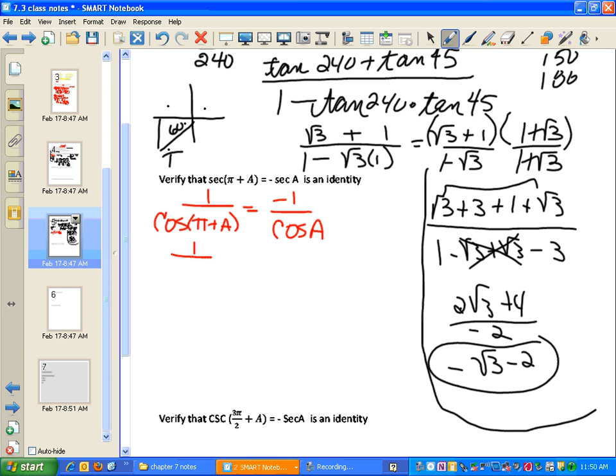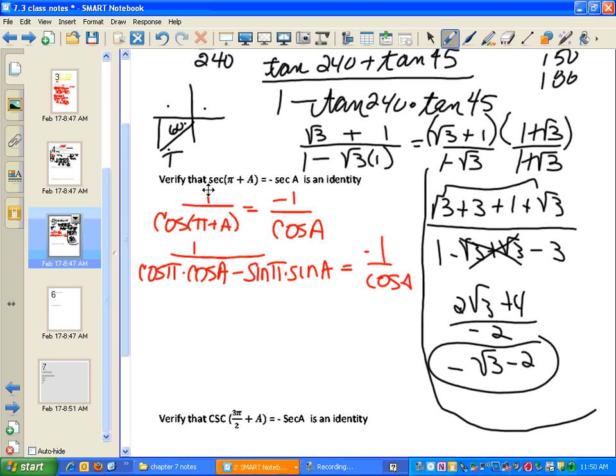So this is 1 over cosine of pi plus a, which is the cosine of pi times the cosine of a minus sine of pi times sine of a. And that's supposed to equal negative 1 over the cosine of a. Well, the cosine of pi is negative 1.